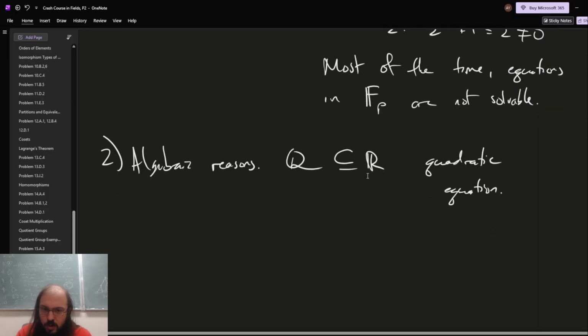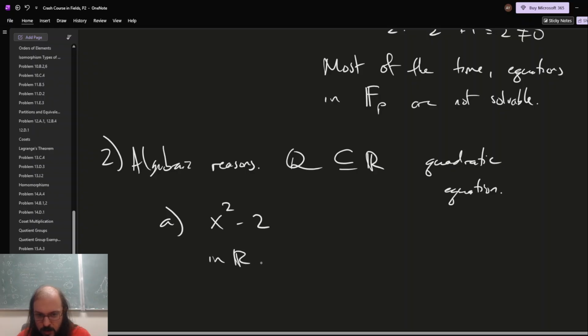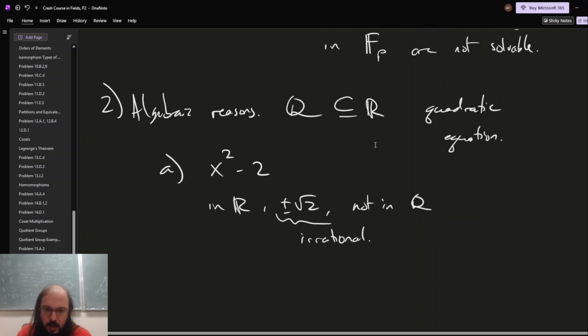In R, where I do have the quadratic equation, there are at least two more ways that things can fail. The first is I can look at things like x squared minus 2, which we know the solutions for. In R, there's plus or minus the square root of 2, but not in Q. This isn't something in Q. This is irrational. So that's a problem for us.